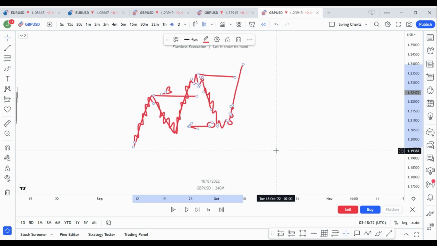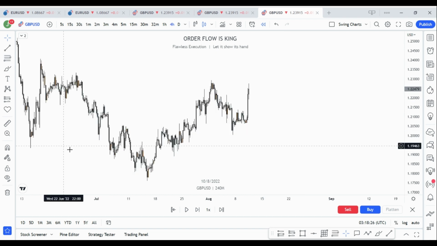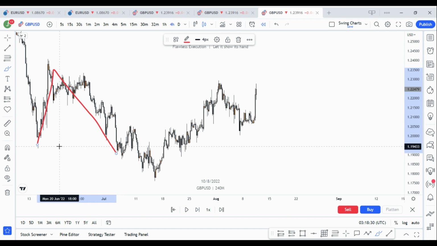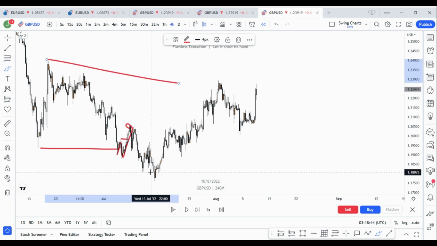So now let's head over to the charts, on GBP USD here. Essentially, let's say this was our previous 4-hour structural leg, and we break structure. Then we give a shift in order flow here to mitigate out of. But essentially, we never pulled back up to the EQ.